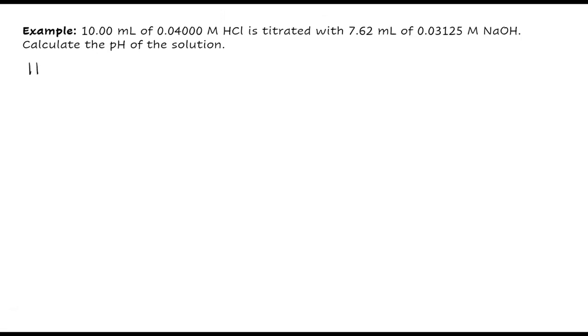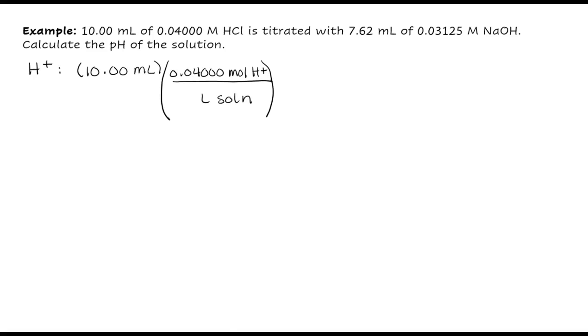First we'll calculate the millimoles of our H plus, and we get this by taking our 10 milliliters and multiply by the given molarity, which is 0.04000 moles of H plus over liters of solution. I've written just the H plus as the net ionic form of the acid, just because it's a little bit easier when we get to the millimole table.